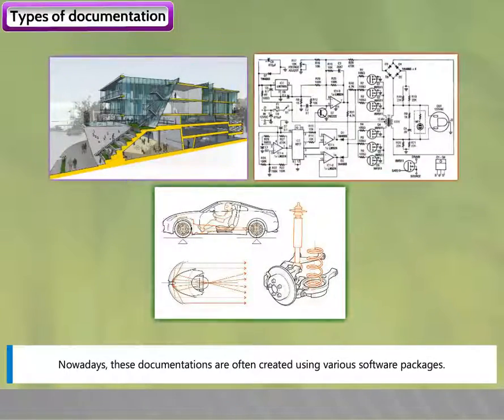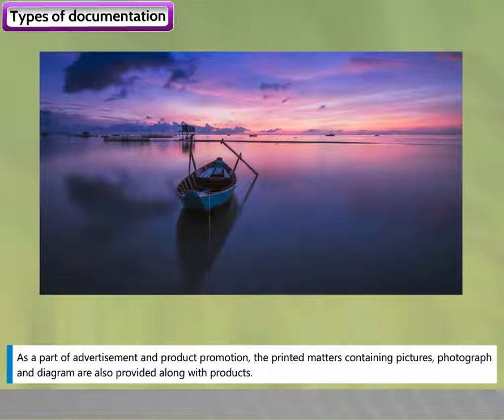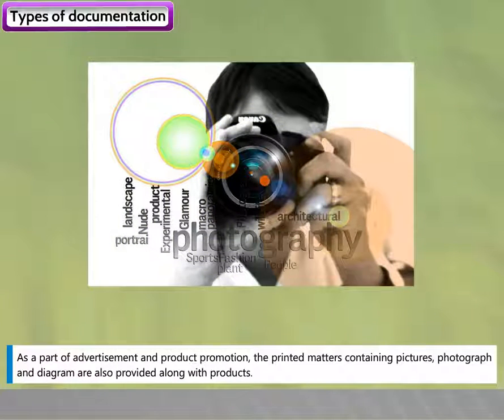Nowadays, these documentation are often created using various software packages. As a part of advertisement and product promotion, the printed matters containing pictures, photograph, and diagram are also provided along with products.